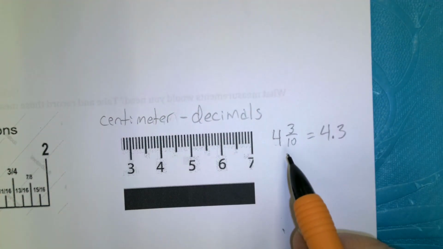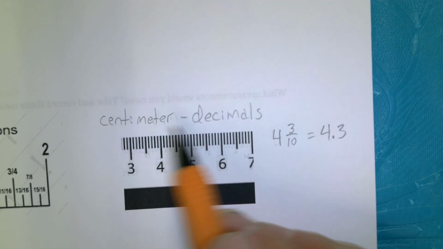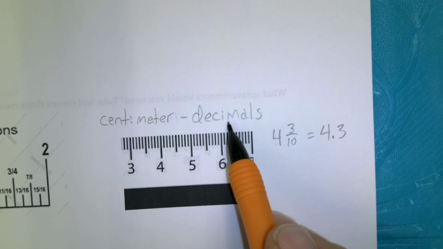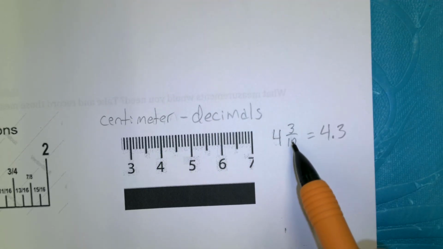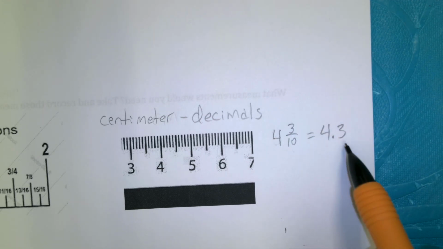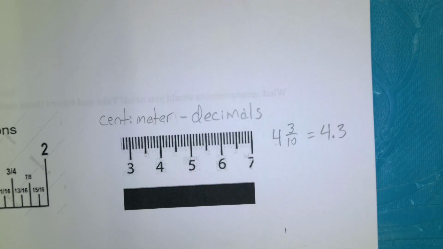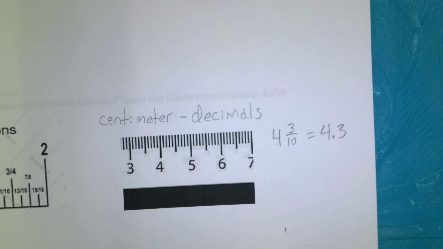So why use a fraction when the decimal is so much simpler? When we measure in centimeters, we use decimals because there are 10 jumps between centimeters, which means your fractions would be out of 10. And when something's out of 10, it goes right to a decimal because in the decimal system, deci means 10. We've talked about that before.